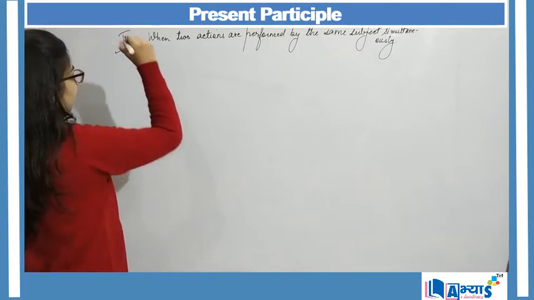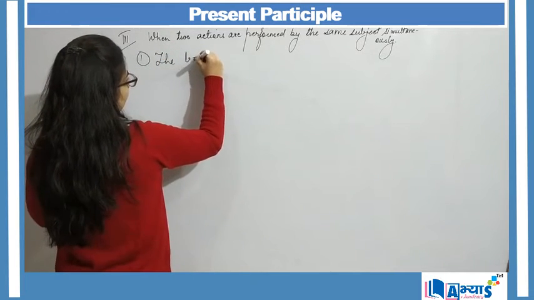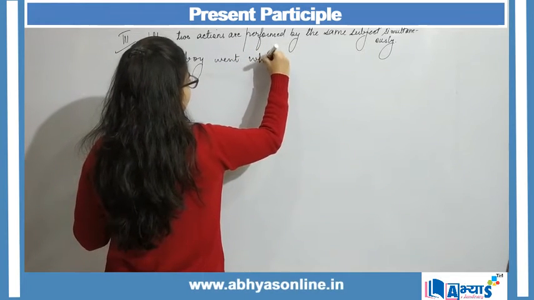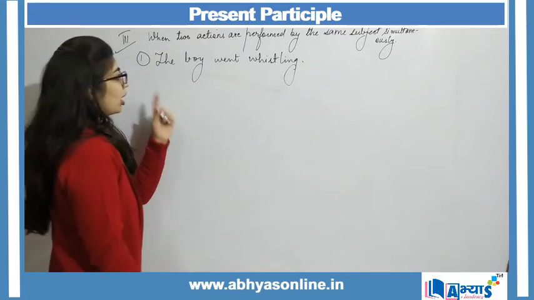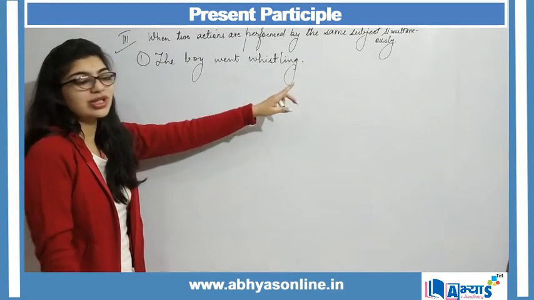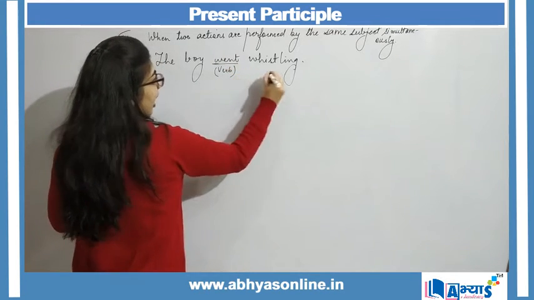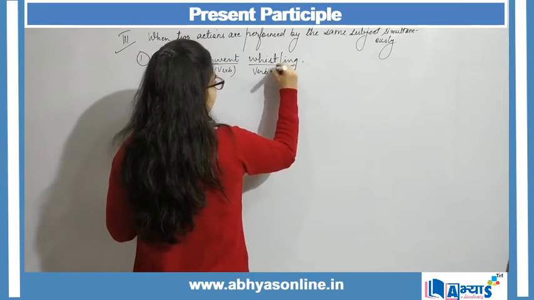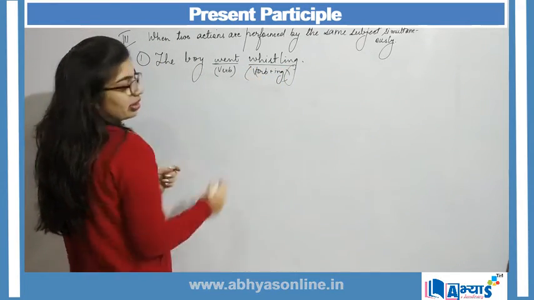Example can be the boy went whistling. The boy went whistling. Went is my verb and whistling is also verb plus ing, but it is a verb in general, right?